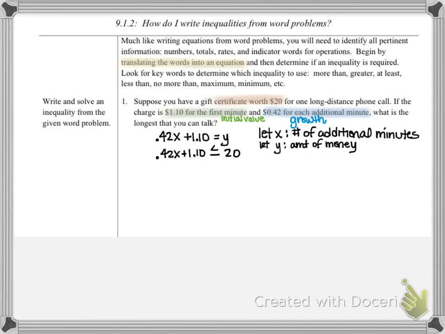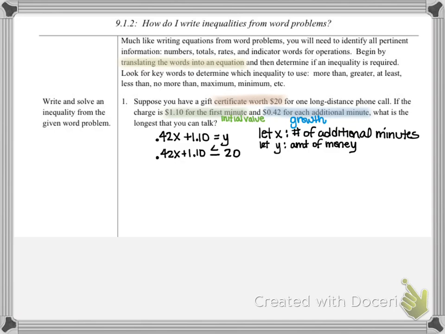So the left-hand side represents how many total minutes, because the x is in there, I am allowed to talk on the phone using this gift card until I run out of money. So the $20 is when I run out of money. Okay, so I have my inequality.